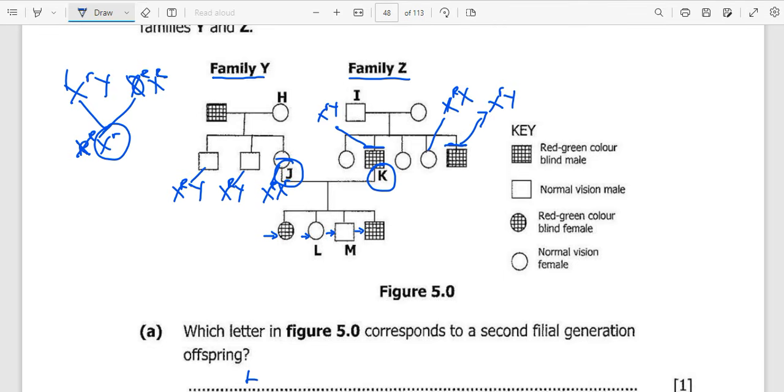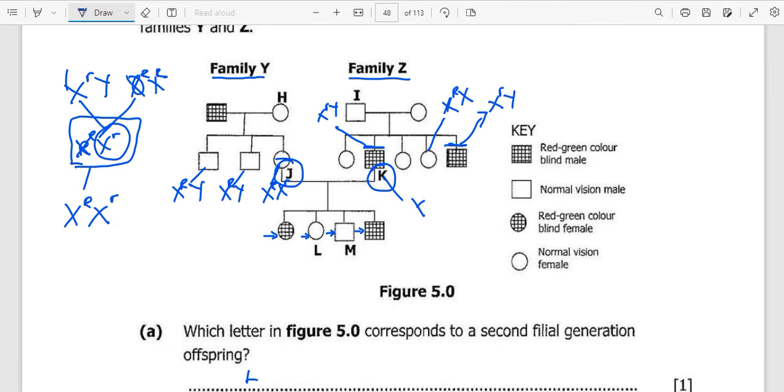Now when you look at J here, J is female. So this is what we are looking at here. Or I write it properly to say that it is a normal female, but she can be a carrier of color blindness because of the father. And then here at K, who is the male, because here it is direct, they've said green color blind male. So here it is very simple.